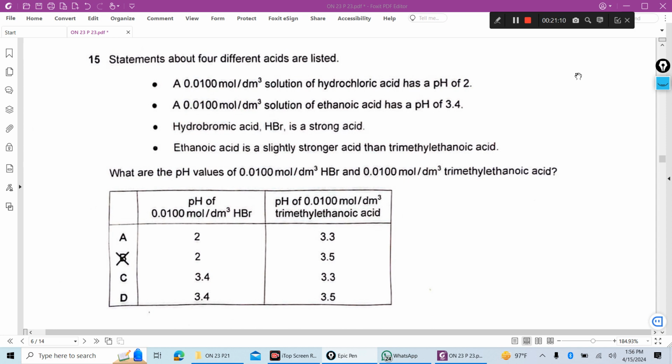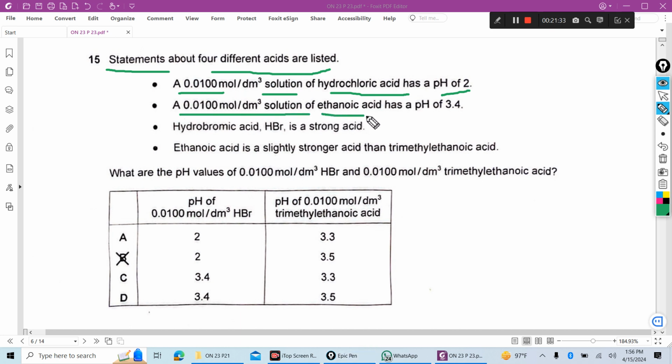Next, 15. Statements about 4 different acids are listed. A: 0.1 mole per dm cube solution of hydrochloric acid has pH 2, because hydrochloric acid is a strong acid, and 0.01 mole per dm cube ethanoic acid has a pH 3.4 because ethanoic acid is a weak acid.